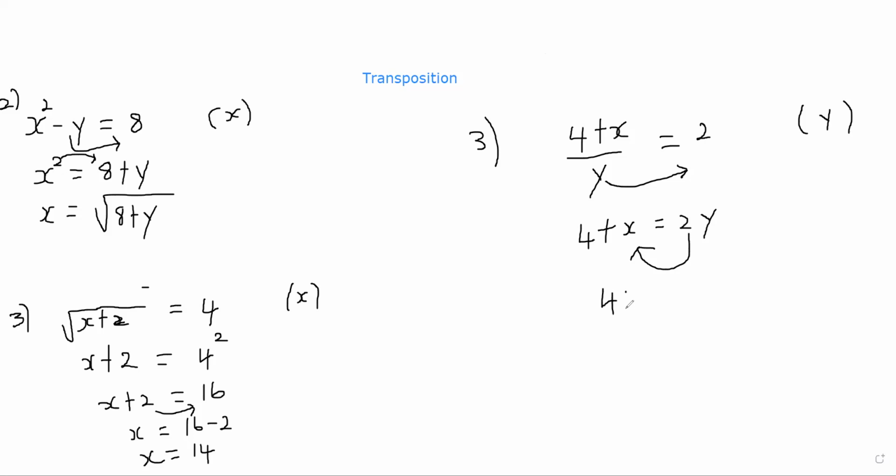So you get 4 plus x divided by 2. You need to divide everything. And we're left with y on this side, y by itself. So this is our answer. Y is equal to 4 plus x divided by 2.